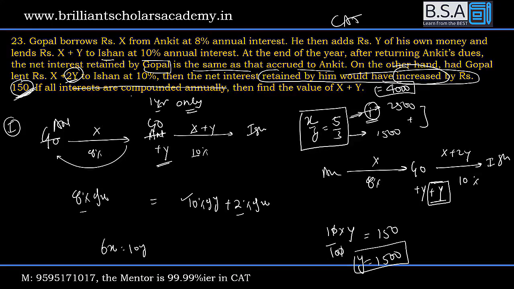So if you simply focus on the flow of the money, the movement of the money from Ankit to Gopal, X rupees at 8%. From Gopal to Ishan, there are two cases. One is X plus Y rupees and the second is X plus 2Y rupees.